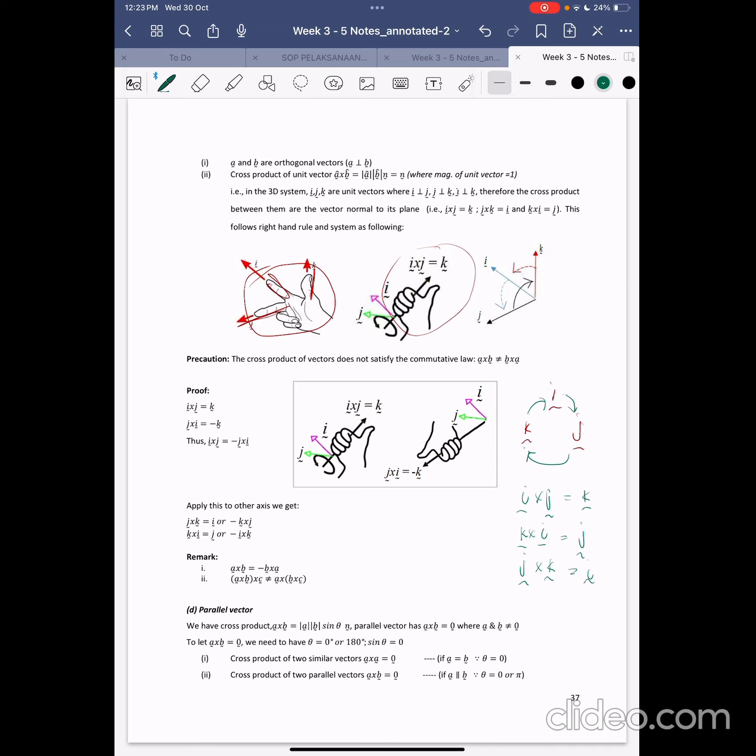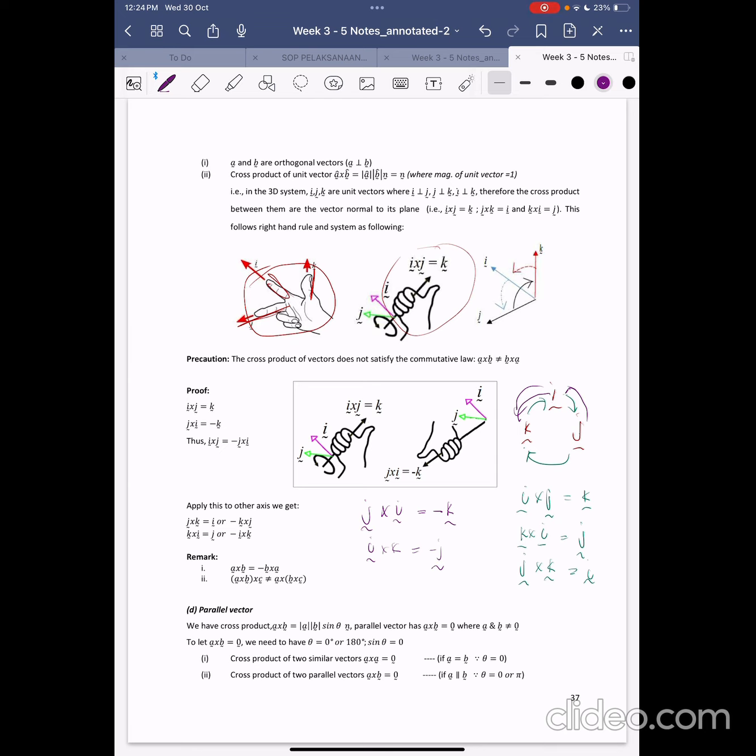Similarly, if you do it in the opposite way, for example J cross I, you get the opposite direction, negative K. I cross K, you get negative J, and so on.